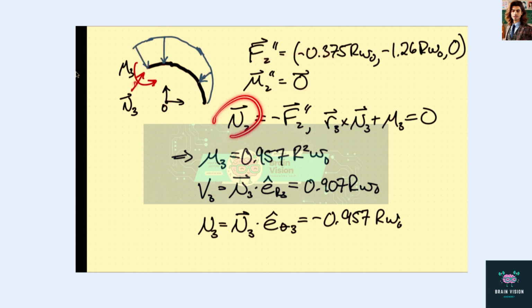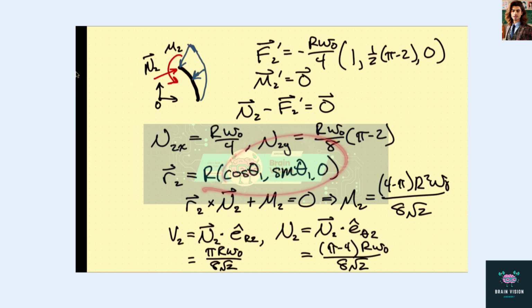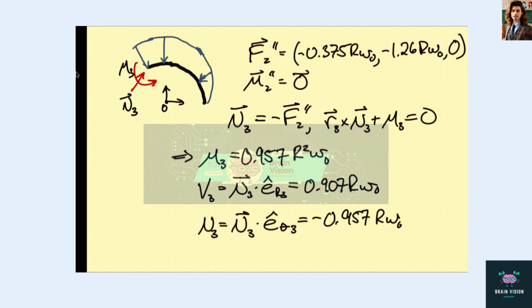So N3, the internal force vector, must be minus F2 double prime. And the position vector here is R3, and that is crossed with N3 plus M3, must be 0. And again, this is just the same as this vector here, but with this being 120 degrees now. And this gives us 3 equations and 3 unknowns. Obviously it's trivial to find N3 here, it's just the negative of this.